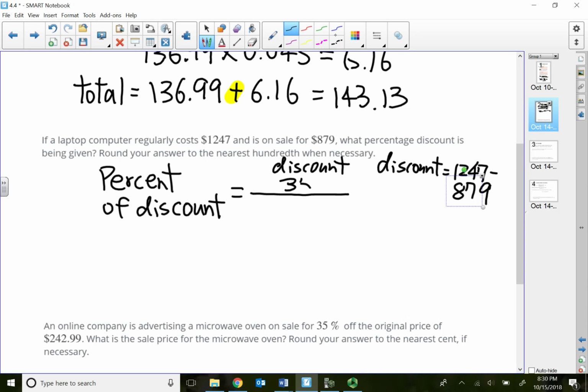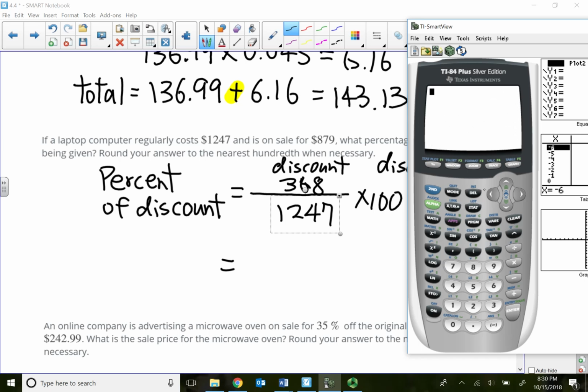So remember, the part up here has to have the same meaning as the percent you're looking for. Percent of discount means my part also has to represent a discount. One is in terms of percentage, one is in terms of actual dollar amount. So what do I divide by? I divide by how much it cost originally, which is $1,247, because that's what the price was from, times 100.